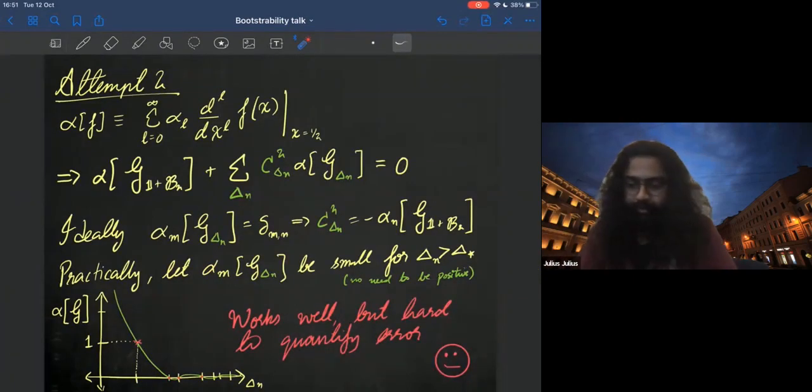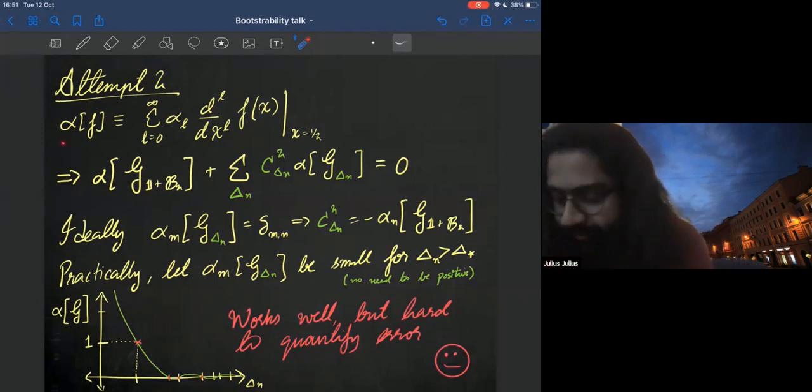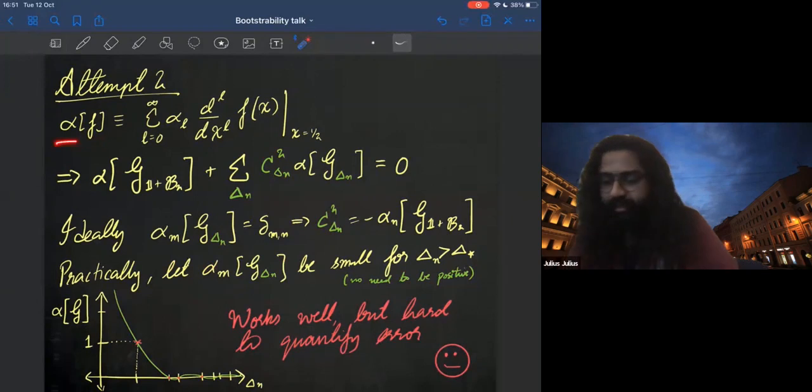The second attempt is the following. We start by studying functionals which look like this. I have a functional which acts in the following way. It can be written as a sum of alpha L, some coefficient, times the Lth derivative acting on some function. And basically, we can act with these functionals on our crossing equation.